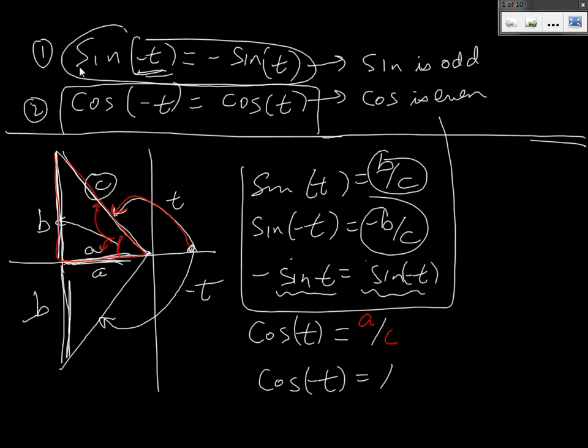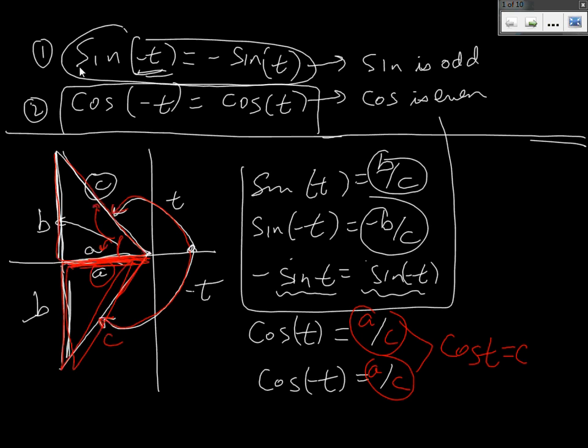Now, let's look at the triangle associated with negative t, which is this triangle. This adjacent is still a. The hypotenuse is c. So, in quadrant 2, since a over c equals a over c, we have that the cosine of t is equal to the cosine of negative t, which is exactly statement number 2 on the top.